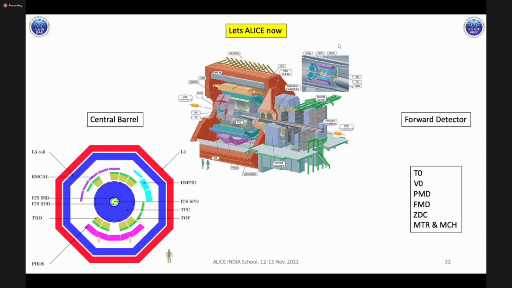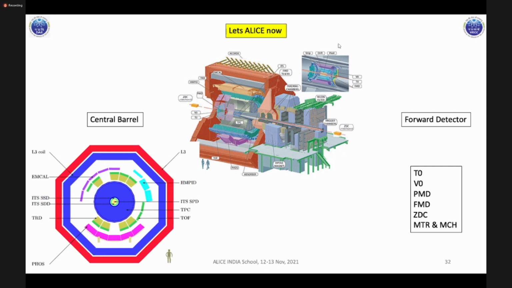Starting from the beam pipe, the first one is the ITS, the inner tracking system. Then comes the TPC, time projection chamber. Then comes the TRD, transition radiation detector. Then comes the time of flight detector, followed by calorimeters and muon detectors. And this is exactly the scheme we discussed at the beginning of yesterday's lecture, of how a complex detector stacking should look.